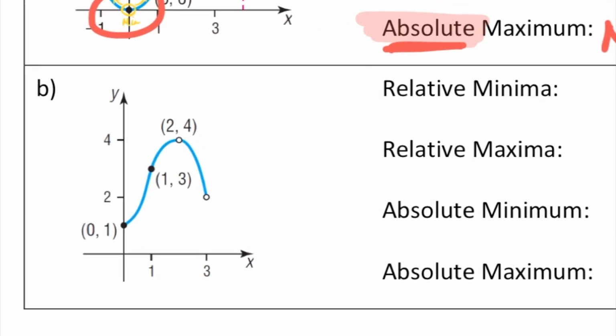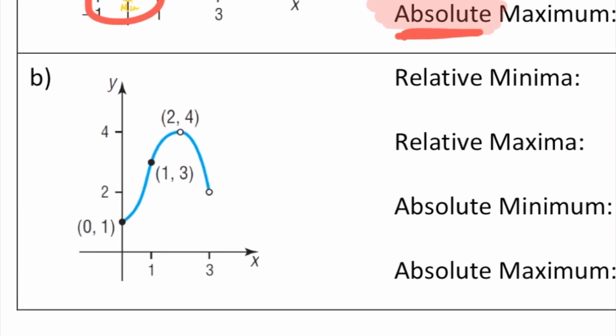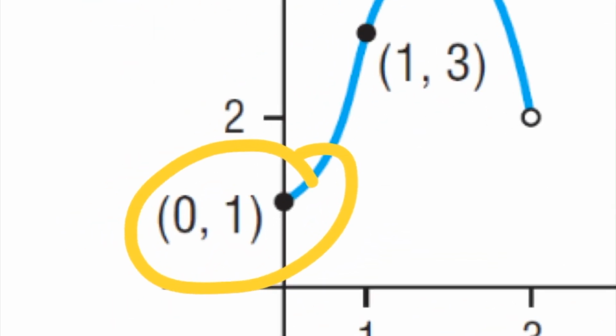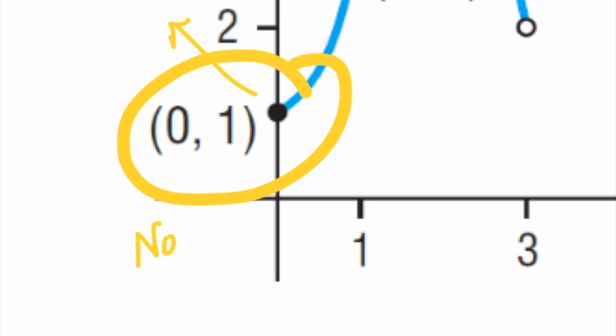Now let's look at this next graph because this is a little bit tricky as well. I'll start with the relative min and relative max. Okay. Here, you don't have any points on the other side or on the left of that point. So this is not a relative minimum.